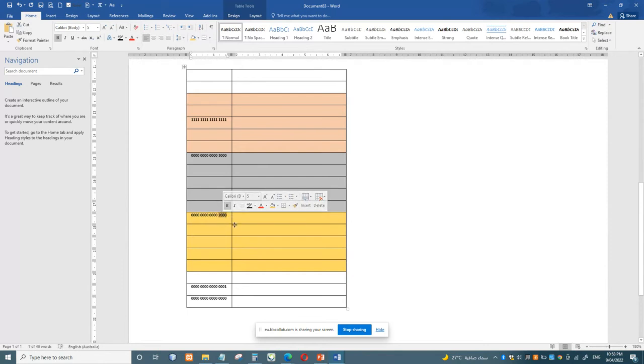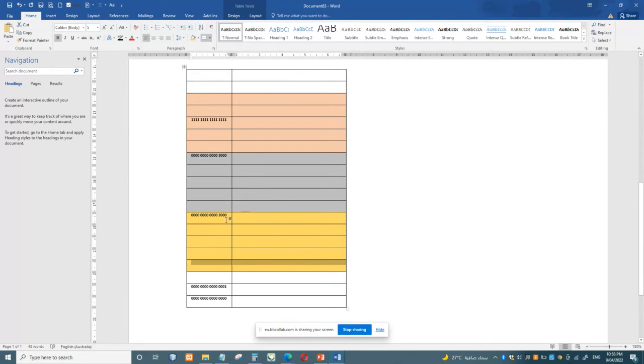But if you want to access a particular byte within this block, the first byte you can access by adding 0: 2000 plus 0 is this memory location. For the second byte, 2000 plus 1 gives you access to this memory location. If you want to access the fifth byte, you add 2000 plus 5.